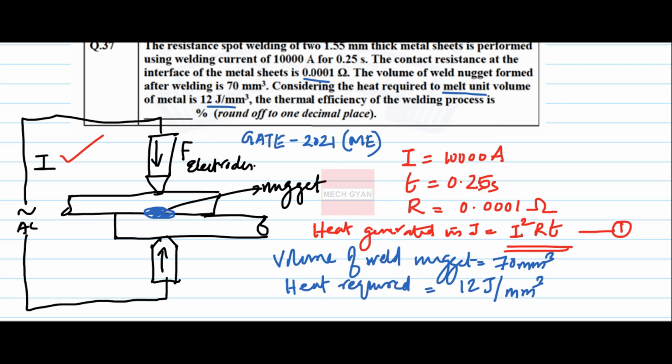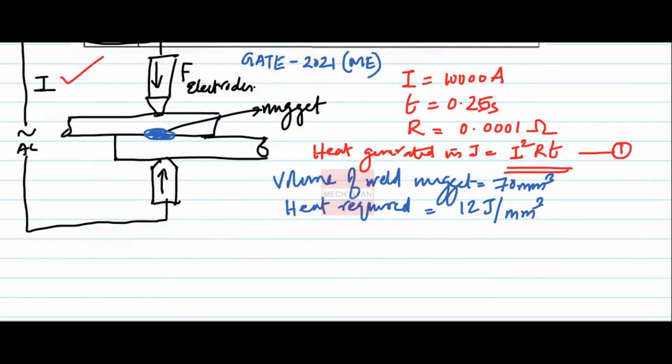So volume of the weld nugget is 70 mm3, and heat required to melt is 12 joule per mm3. Therefore HM, melting heat, is equal to product of this, 12 into 70, that is equal to 840 joules. So this is equation 2.